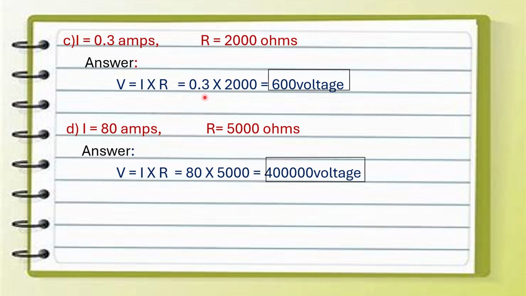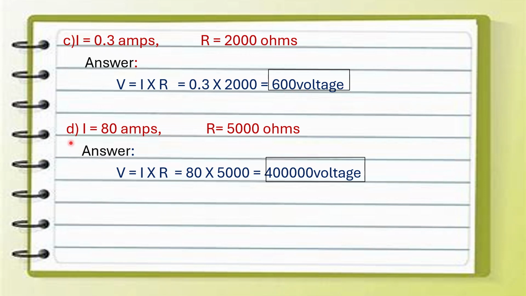So without the decimal point, we just multiply. 3 twos are 6. How many zeros are there? Three zeros are there. So we will add three zeros to the end of this number. But we have a decimal point. After the decimal point, we have only one place. So from the last, we leave one place. So the final answer is 600 volts.